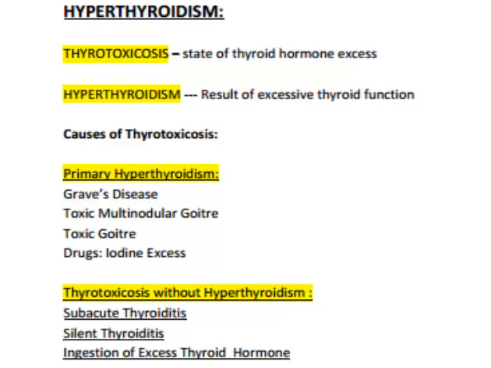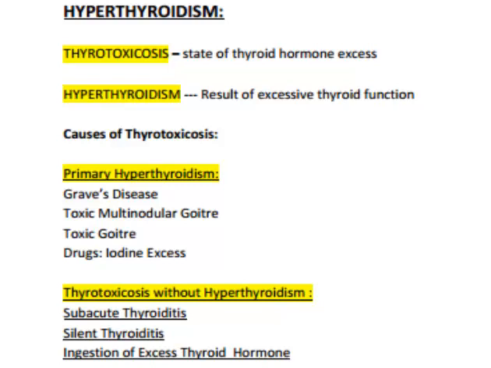Now, some causes of thyrotoxicosis: primary hyperthyroidism, Graves' disease, toxic multinodular goiter, and toxic goiter. These three come under primary hyperthyroidism. Now, thyrotoxicosis without hyperthyroidism.